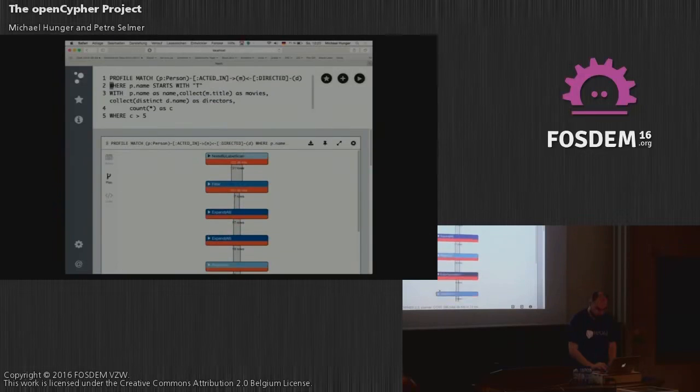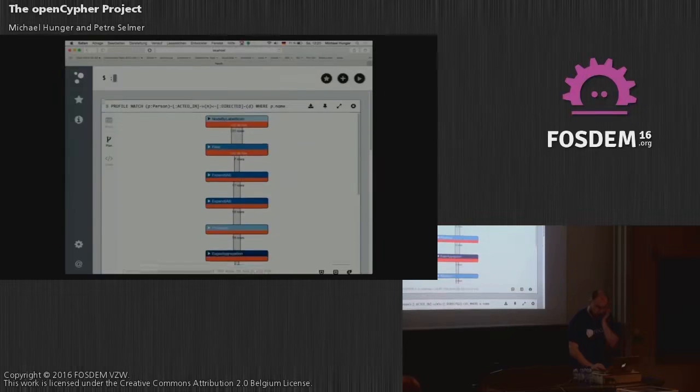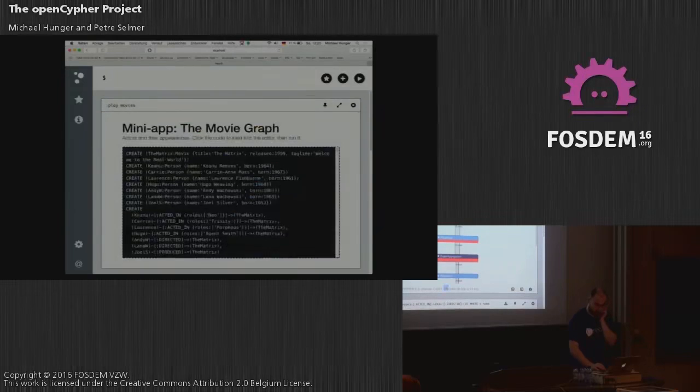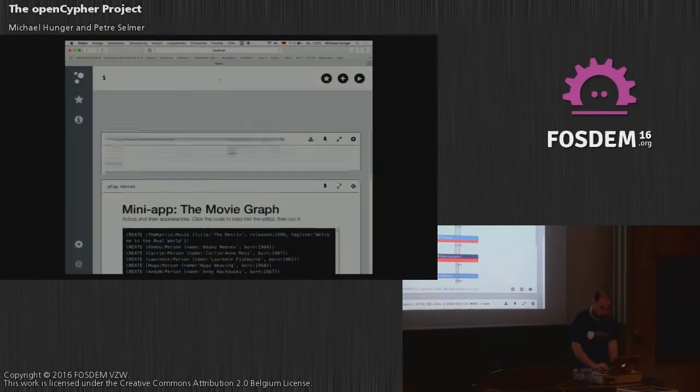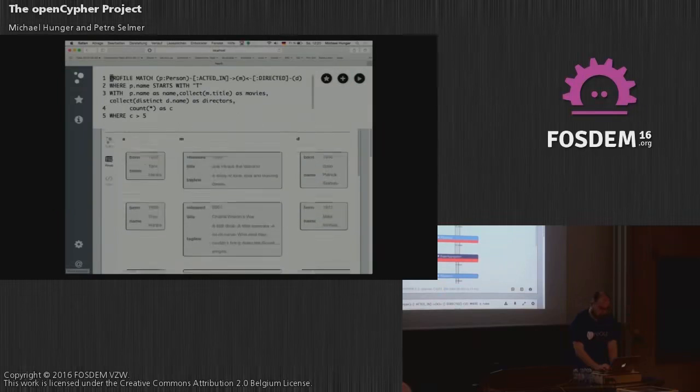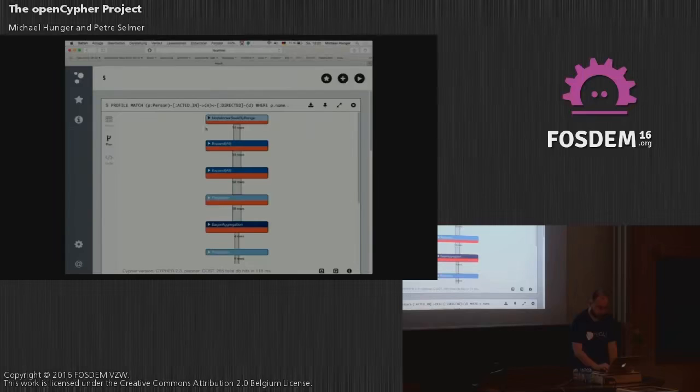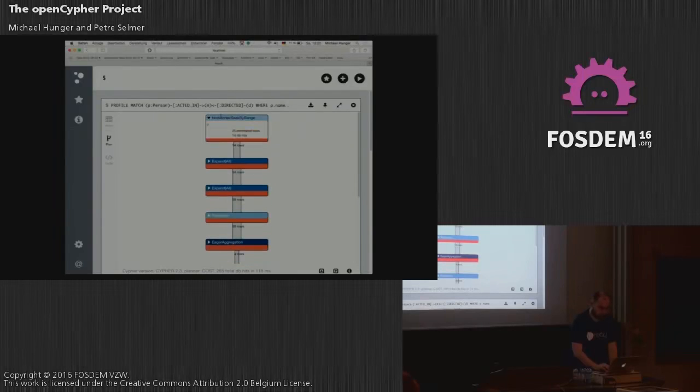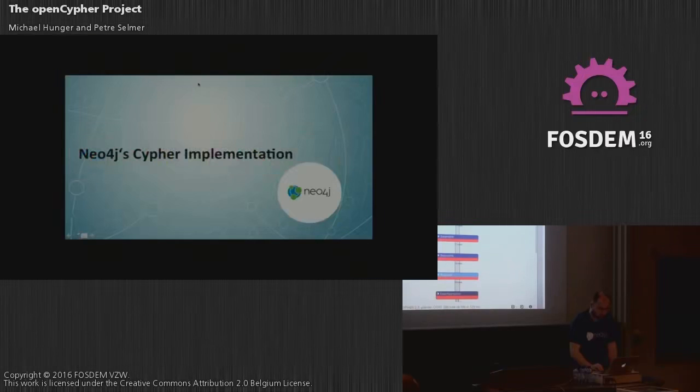Okay, so what you see here as well is the total database hits and how long it ran, which is probably way too long. And for instance, if I create an index on person name and rerun this query, it's still not an index seek, because there's too little data in the database.